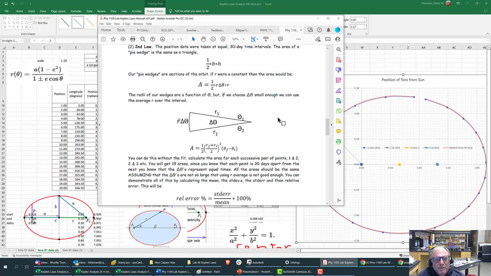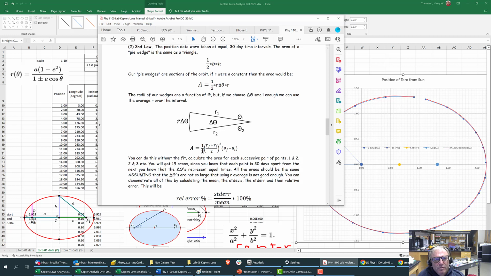But we can use what we've used before: if we keep delta theta small enough, the radius won't change very much from R1 to R2, so we can use the average value. Notice that I could also have said the area equals 1/2 R squared delta theta.